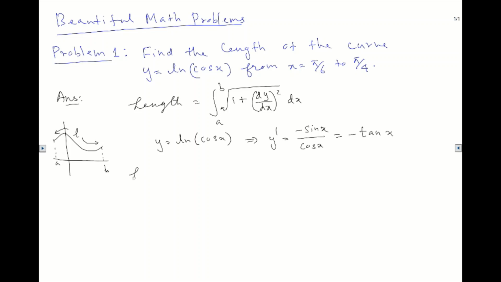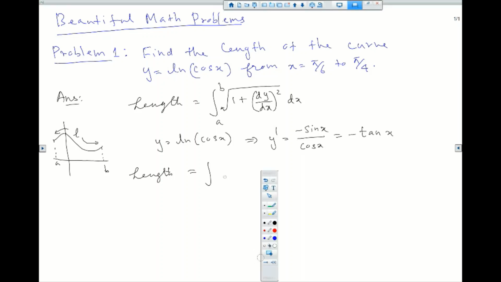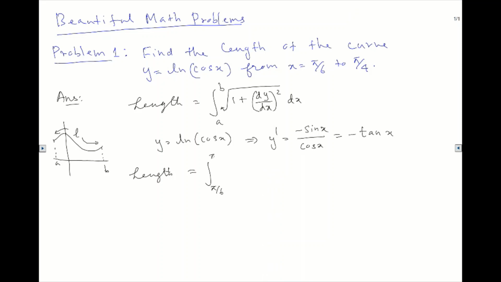So the length is equal to the integral, with limits from pi over 6 to pi over 4, of the square root of 1 plus dy by dx squared, where dy by dx is negative tan x. So when you square, you get tan squared x, d theta.